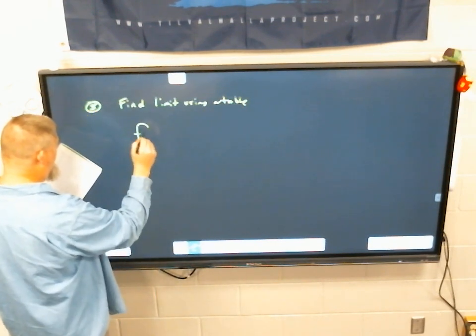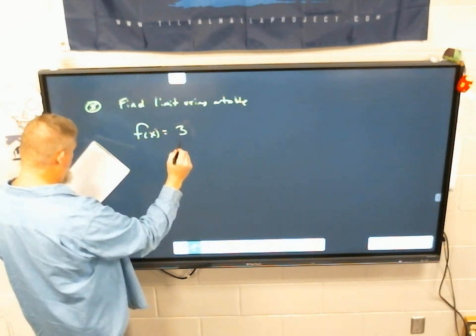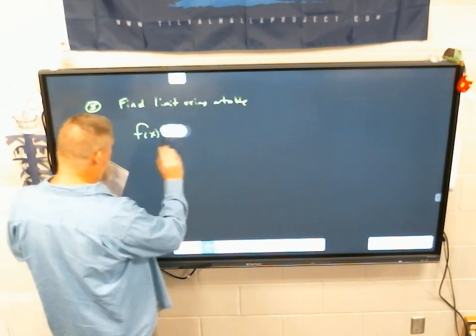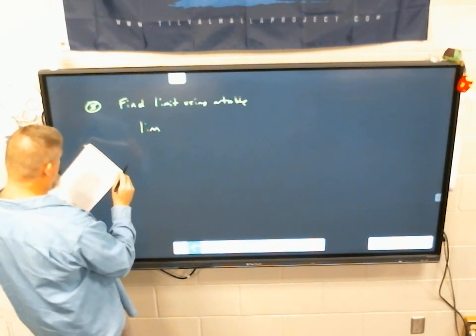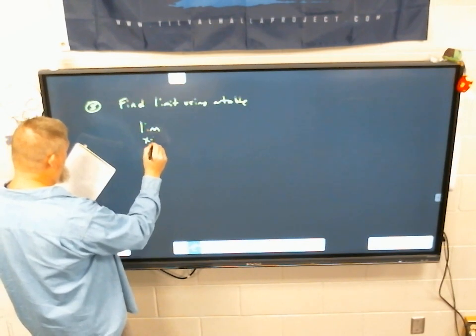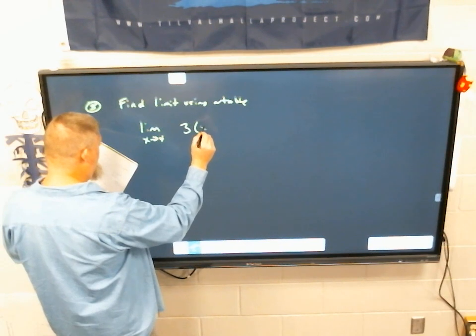Actually, let me write it as a limit. Hang on. The limit as x approaches 4 of 3 times x squared.